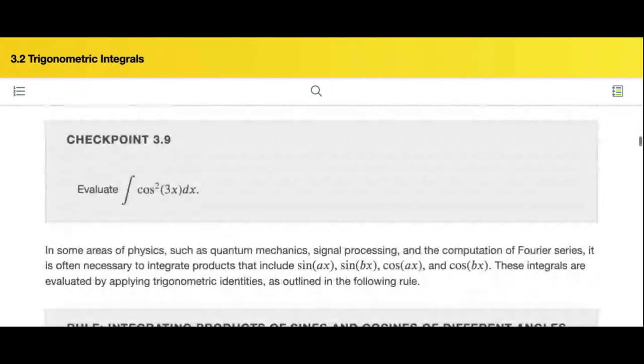All right, so okay. Try this one, try 3.9. Here we have cosine squared 3x. So that means we want to rewrite this one as half plus half of cosine 2 times 3x, which is 6x. Okay, I'll give you a couple minutes to do this.